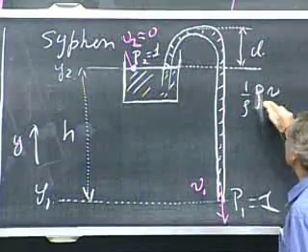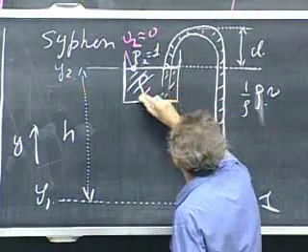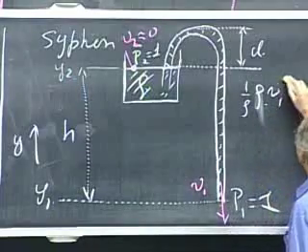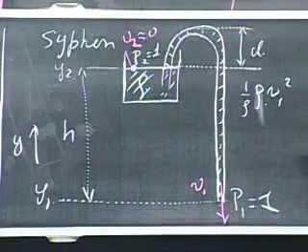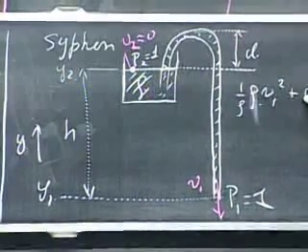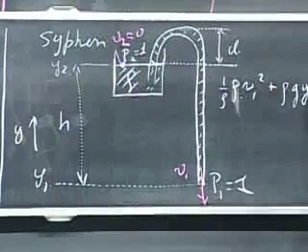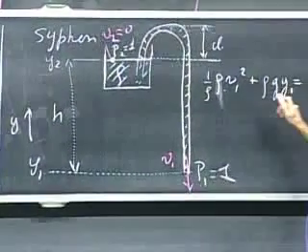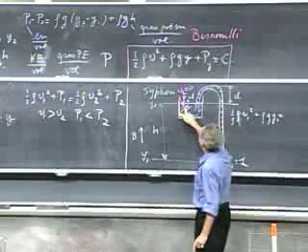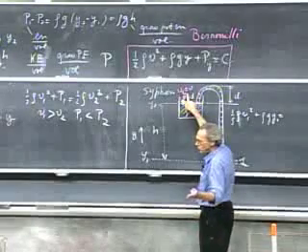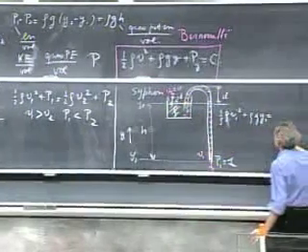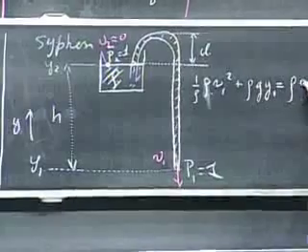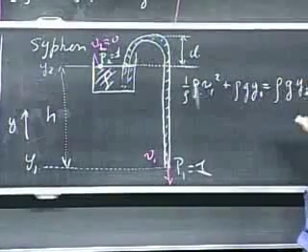rho, this is rho of the liquid, V1 squared, plus rho g times Y1, must be 1/2 rho V2 squared, but we agreed that that was 0, so I don't have that term. So I only have rho g Y2.